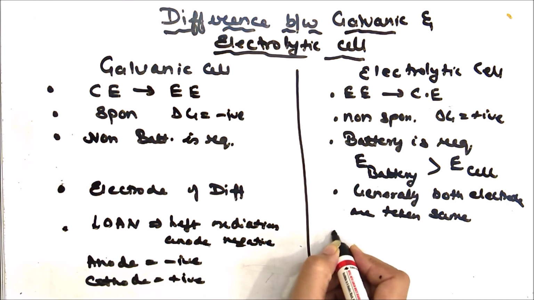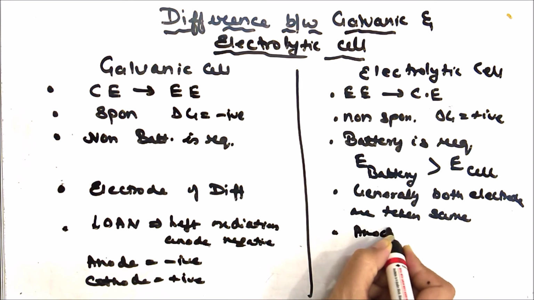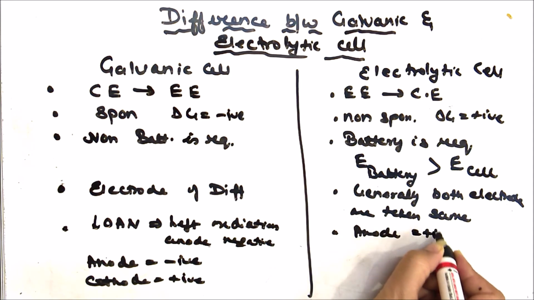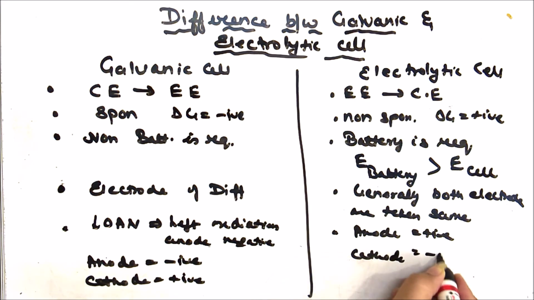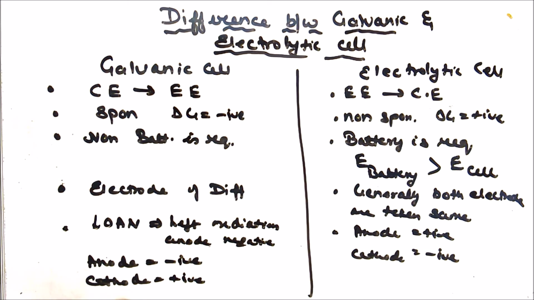Whereas here anode is positive and cathode is negative, just opposite to that of galvanic cell. Okay, now this anode is positive and cathode is negative, the sign decided by the battery.